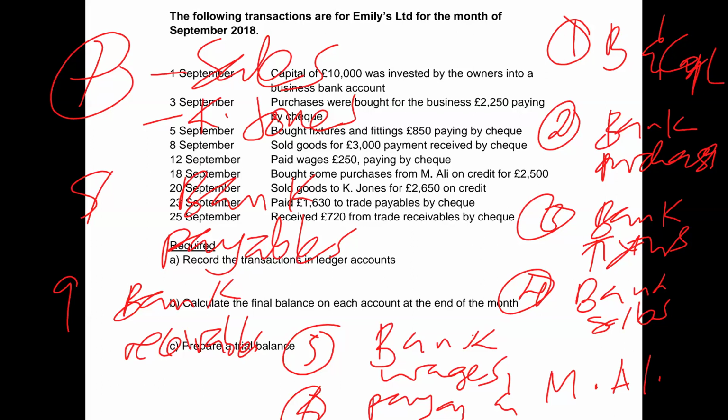Yes, sir. And on the 23rd, you paid 1,630 to trade payables. You're crediting the bank account here. Received, on the 25th, you are debiting the bank account. Is it what you did? Yeah, 25th debited.